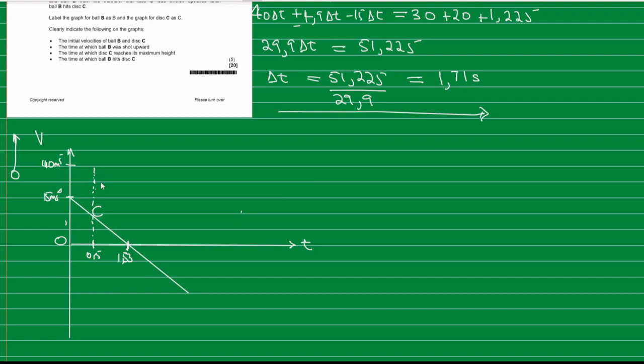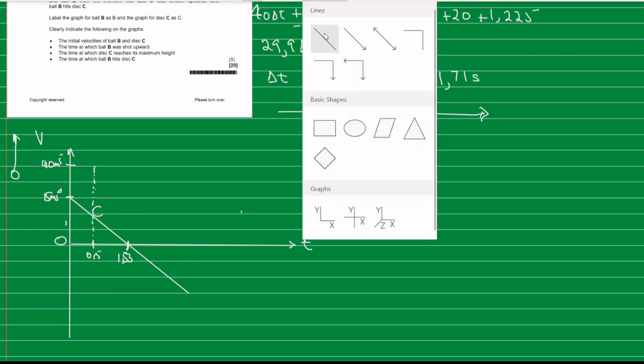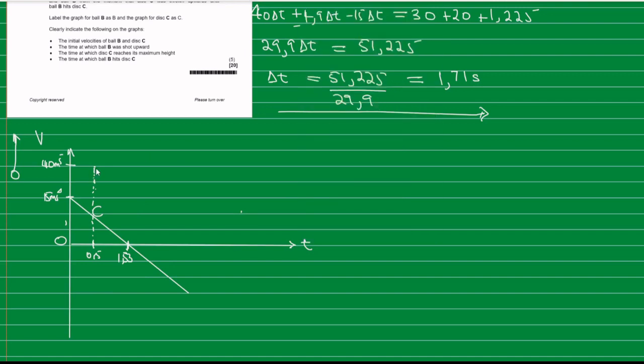meters per second. So from there, we are going to draw our graph, the motion of ball B. Of course, when it was thrown up, the speed was reducing. So we'll draw another line from here, coming down to that. Somewhere here, we're going to stop there.